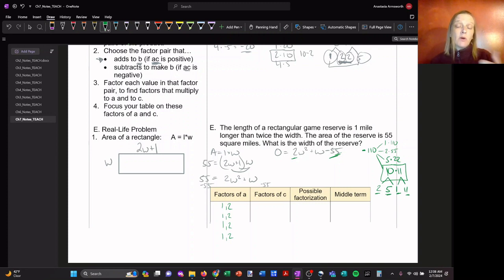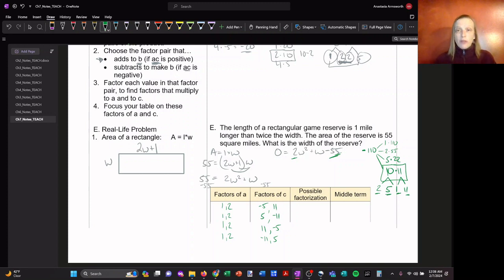One of them's positive and one of them's negative. So I'm going to have negative 5 times 11, or 5 times negative 11, or I can just change up the order now. I can have 11 with negative 5, or I can have negative 11 with positive 5. Those are all the possible combinations.